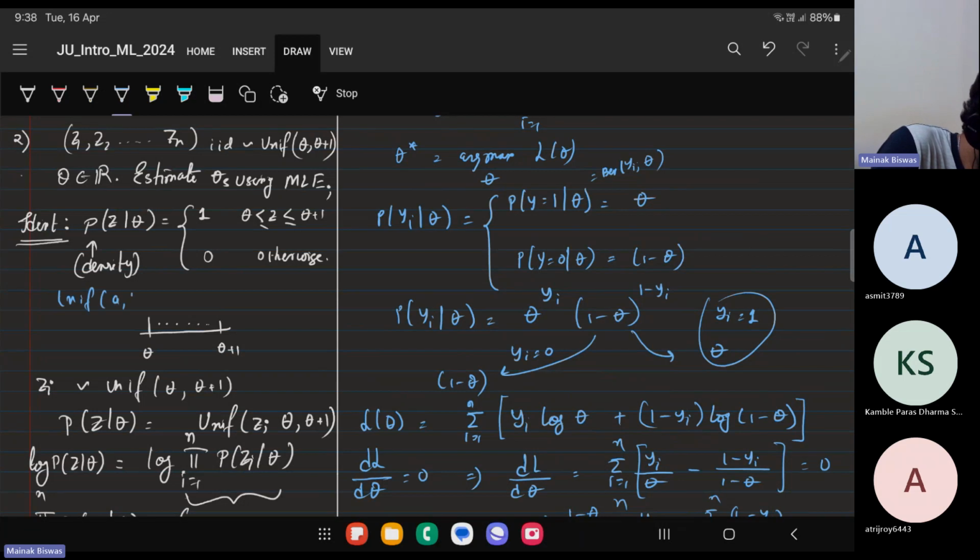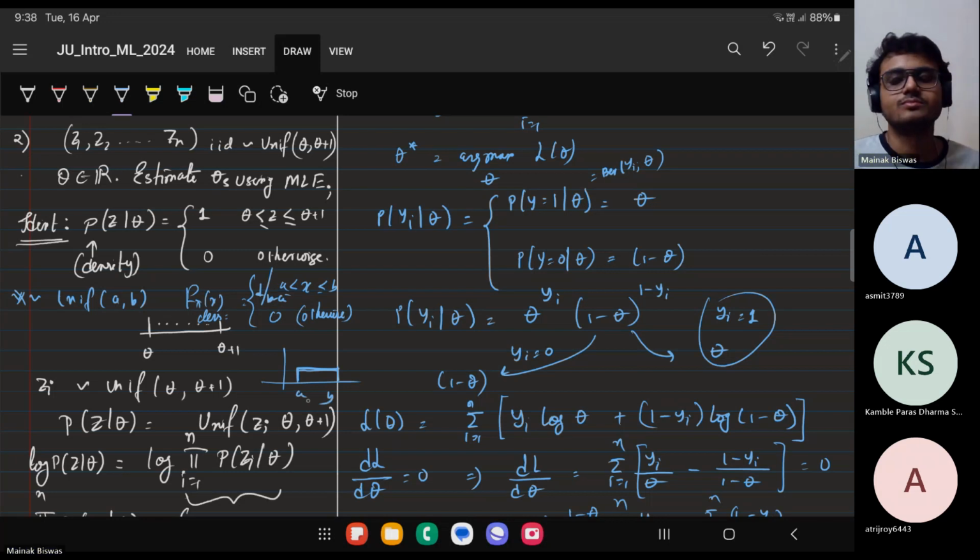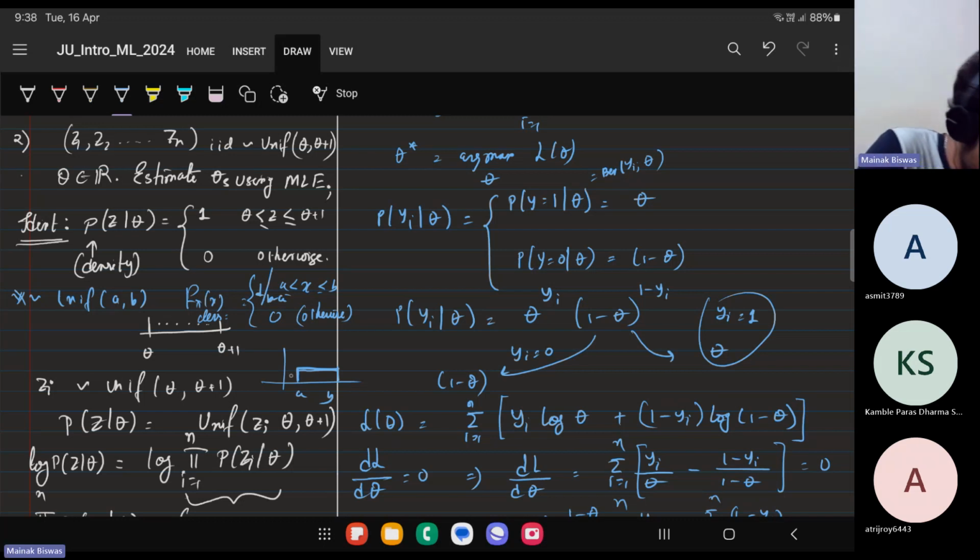If x is distributed as uniform a, b, then the density function px of x is equal to 1 by b minus a if x is between a and b, and 0 otherwise. This is what your density looks like. Outside that, everything is 0.